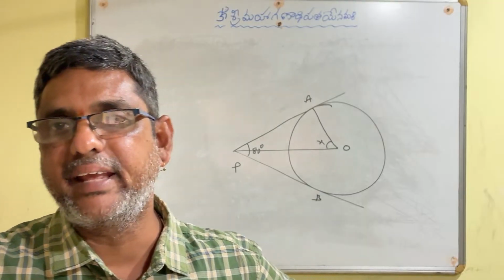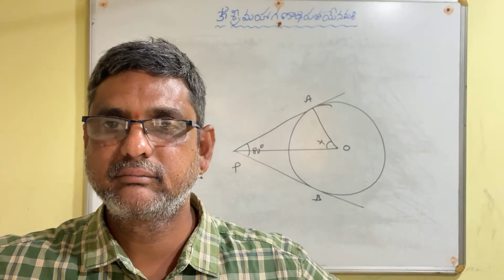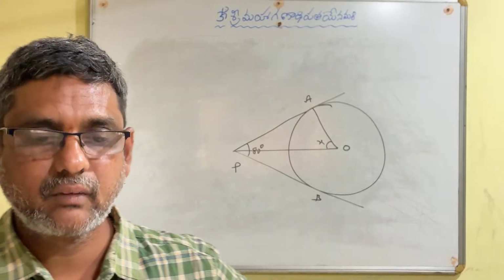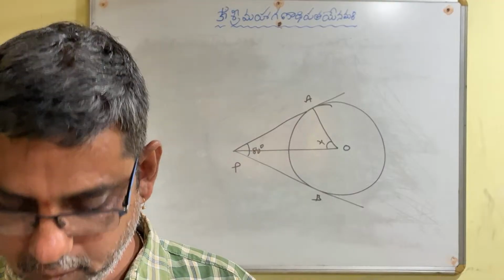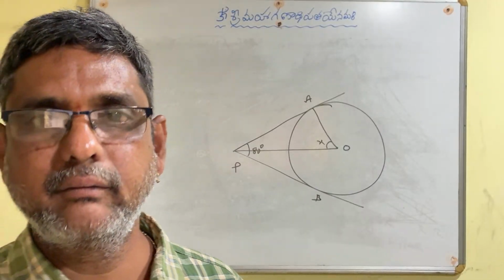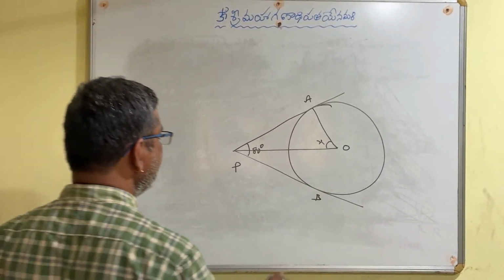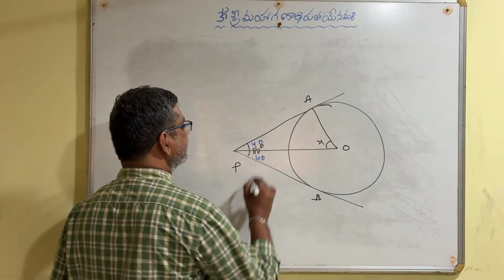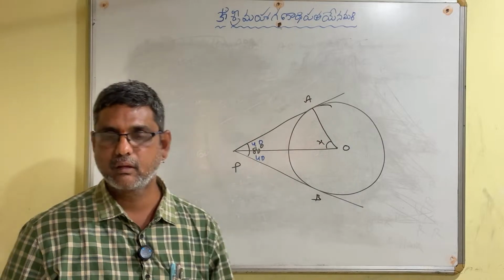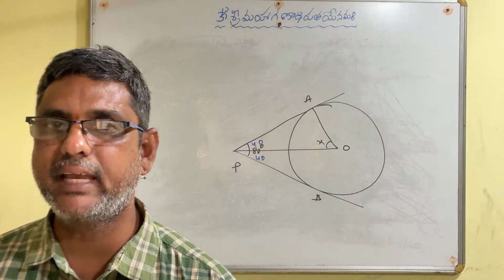Angle OPA is 40. In the morning we discussed one theorem. What did we see in the morning? OP bisects the angle between the tangents, so 40.